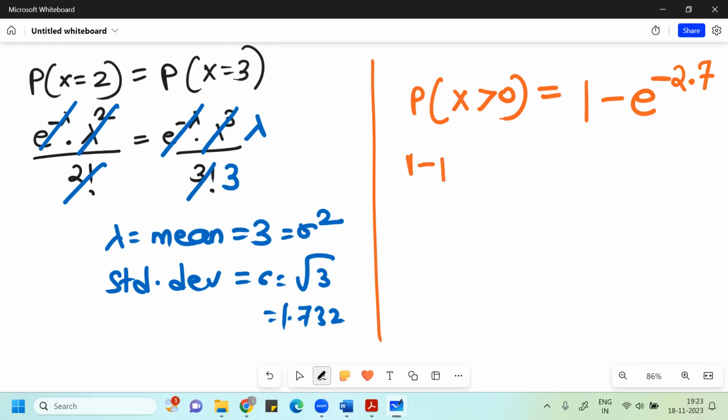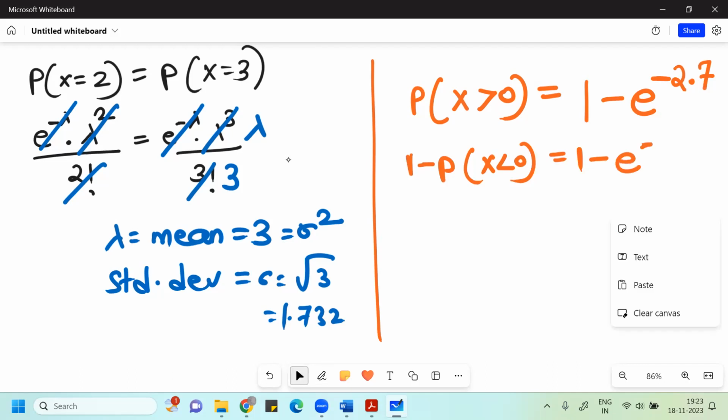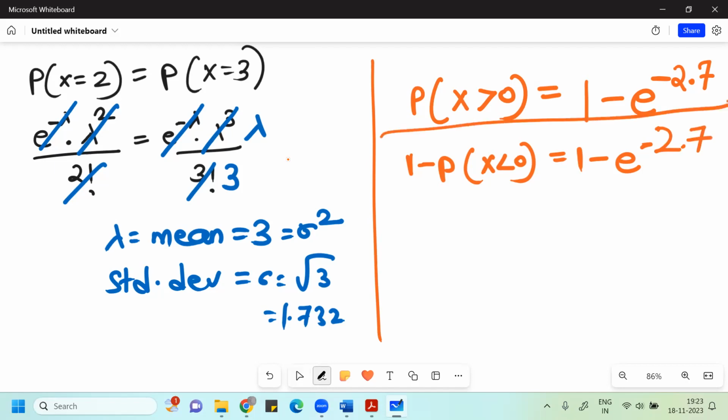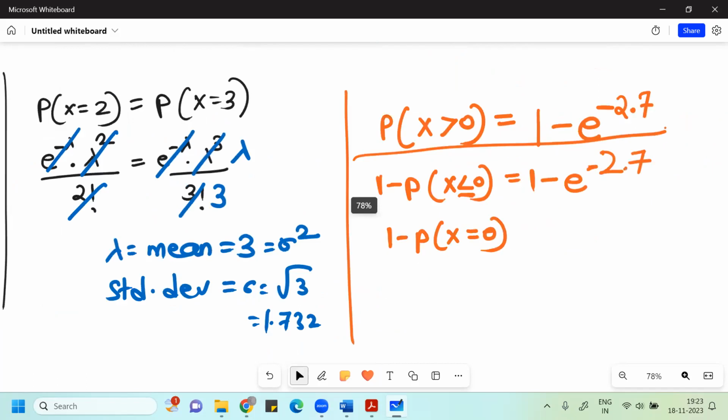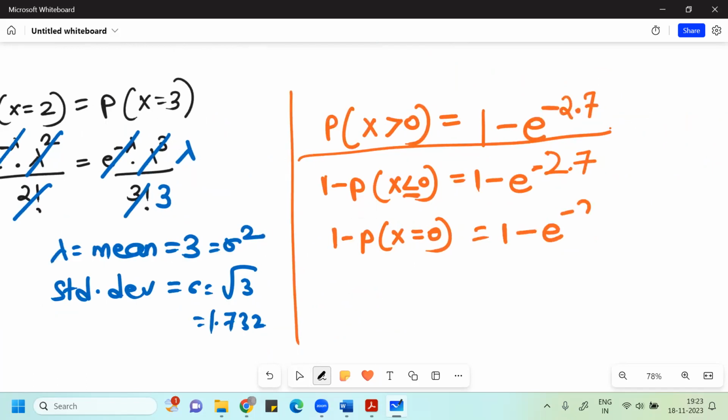So greater than 0 means 1 minus probability of X less than or equal to 0, and this is equal to 1 minus e to the power minus 2.7. Clear everyone? The probability cannot be less than 0, so maximum it can be equal to 0. It cannot be less than 0. So this would be 1 minus probability of X equal to 0, and this is equal to 1 minus e to the power minus 2.7.